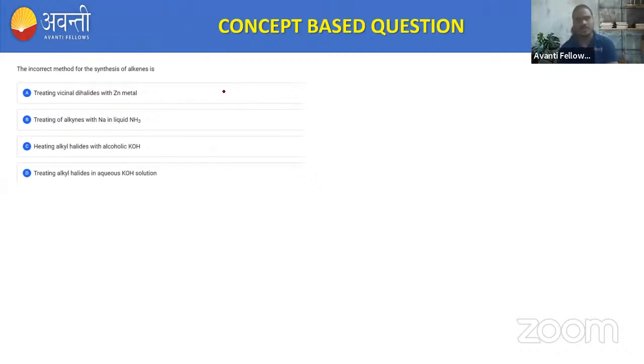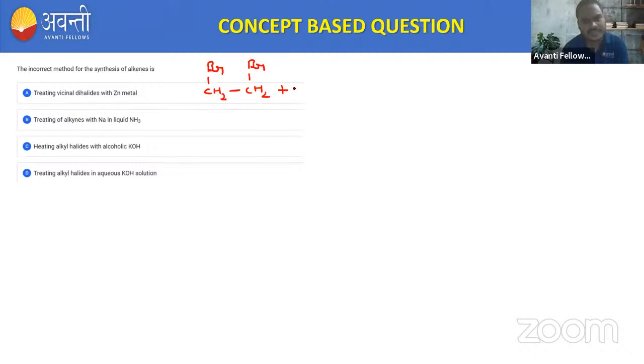Can anyone tell me, what do you mean by the term vicinal dihalide? Anyone wants to add anything to this? Vicinal dihalide. Chalo, let me explain this to you. Vicinal dihalide means, beta, we have a halogen group on the adjacent carbon atoms, right? For example, we have CH2Br, again we have CH2Br.